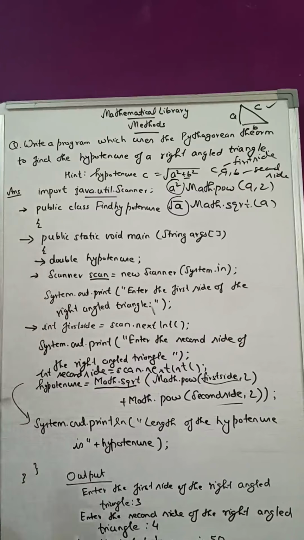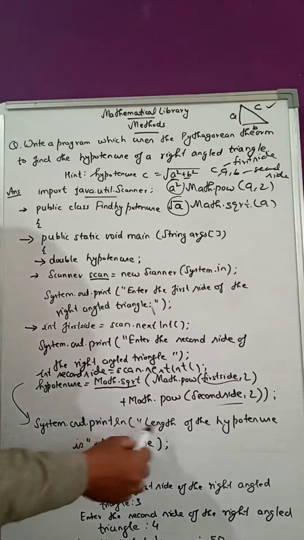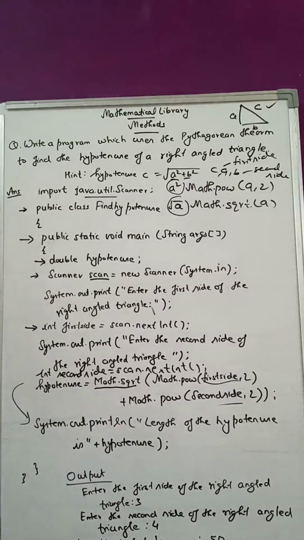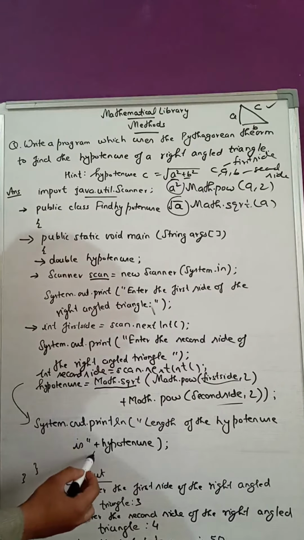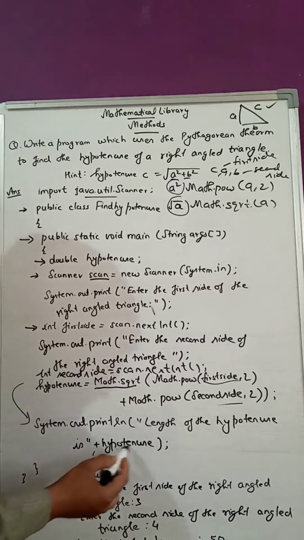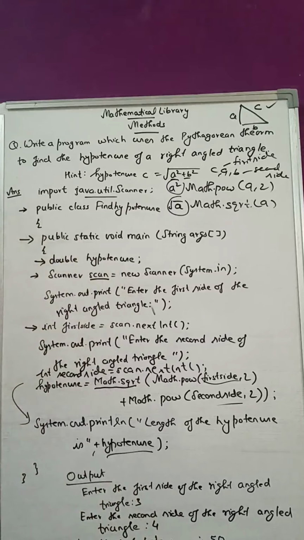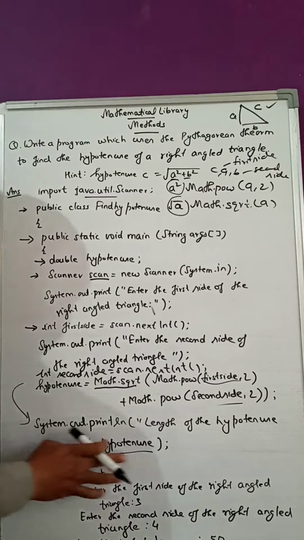So we have written the statement system.out.println, and we have written the length of the hypotenuse is, and after using the concatenation operator we have written the variable. So whatever value of the hypotenuse we have calculated will be printed over here.